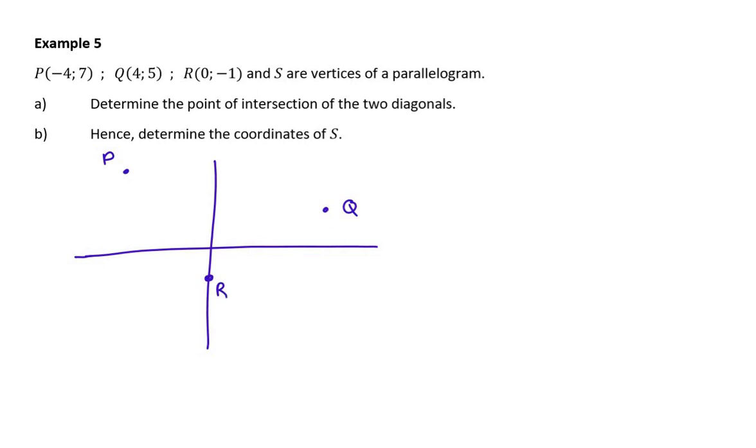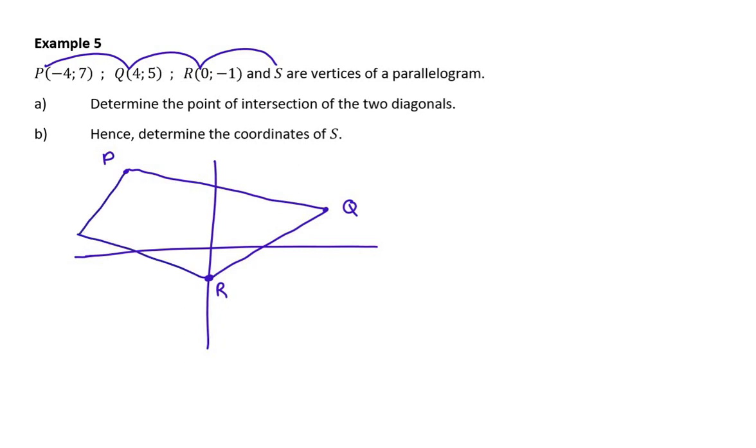And the first important thing is that we always label parallelograms in the order in which they are attached. So this is P, Q, R, S. It means that the sides must go from P to Q to R, and then S must be somewhere over there.